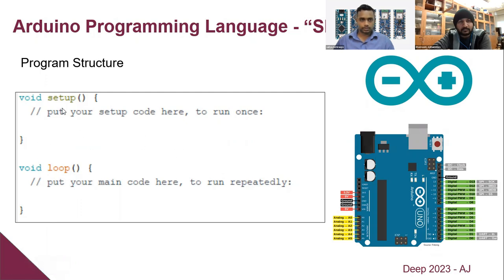In void setup, you write the code that you want to run only once when the system boots. Code here gets executed only once. Then you come to the loop. Here you write your program logic, which will run repeatedly until the board gets shut down.